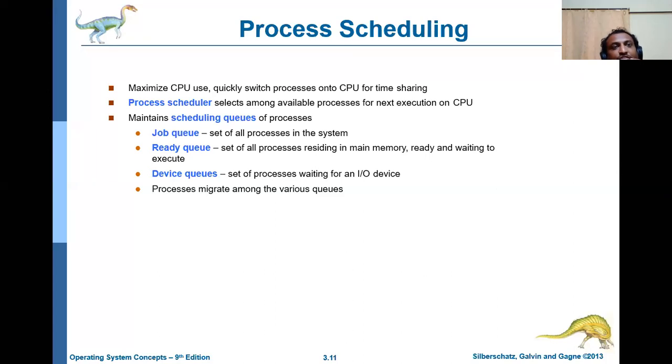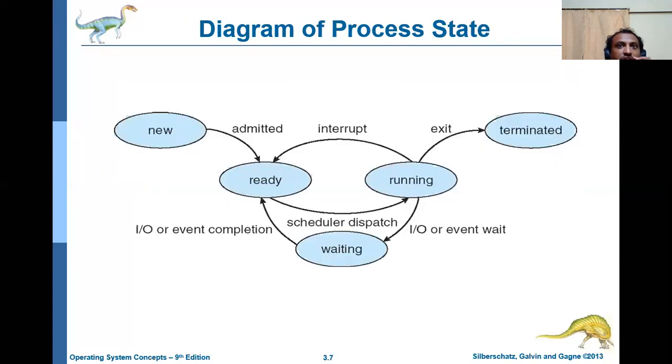And we have seen various states of process. There's a process state diagram. We have new, ready, running, waiting, and terminated. That is, a process will come in and go to the ready queue. From the ready queue, it will go to the running state. From the running state, if it requires any input output, it will go to the input output waiting room.